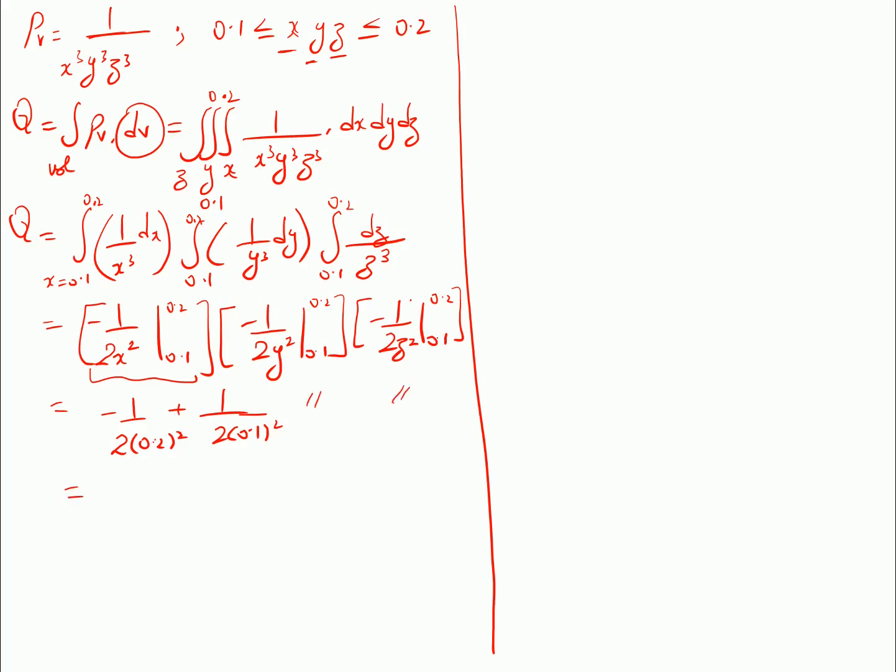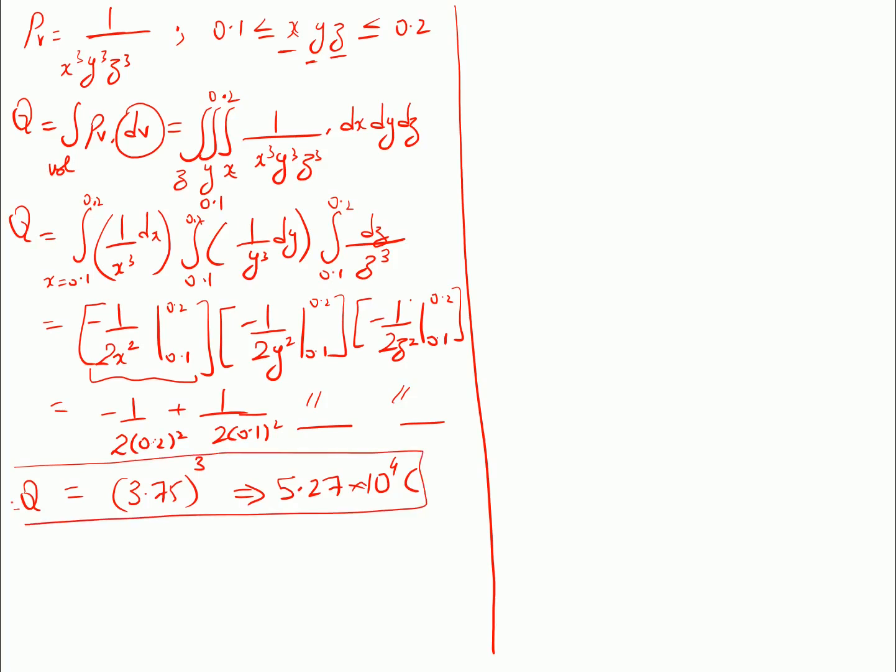So then my answer comes out to be 3.75, and the same answer will be for the other two, so I can just cube them together. Finally my total charge comes out to be 5.27 into 10 raised to power 4 coulomb. This is the amount of charge present for the provided question if we take the positive values of x, y and z and we don't consider the absolute values of this.